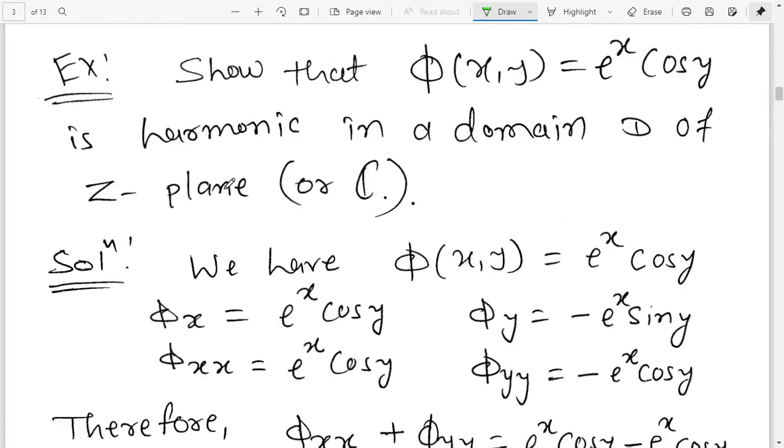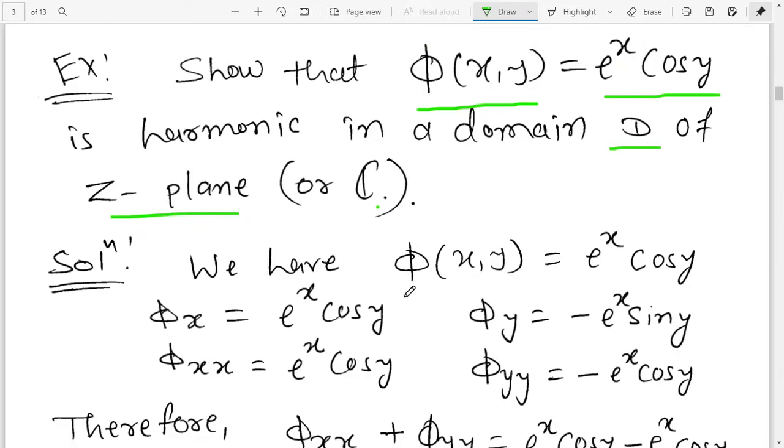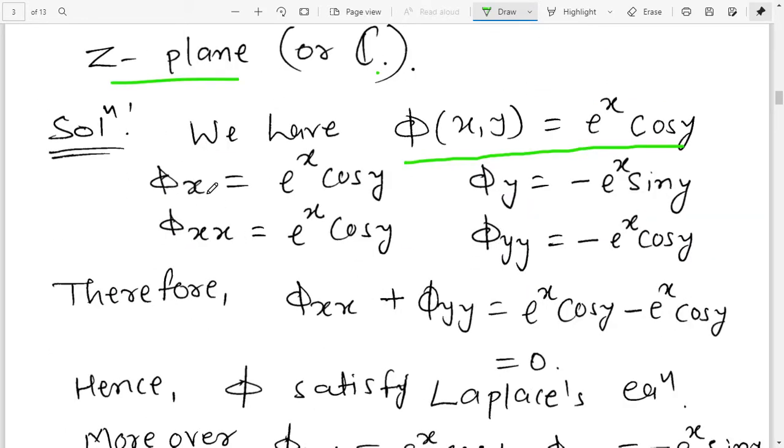Now, next example: show that phi of x y is equal to e raised to x cos y is harmonic in a domain D of the z plane or complex plane. Solution: we are given phi of x y is equal to e raised to x cos y. So phi x is equal to e raised to x cos y.